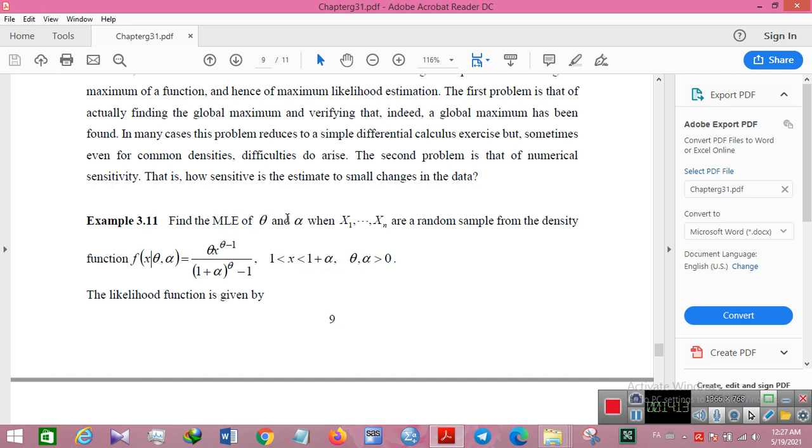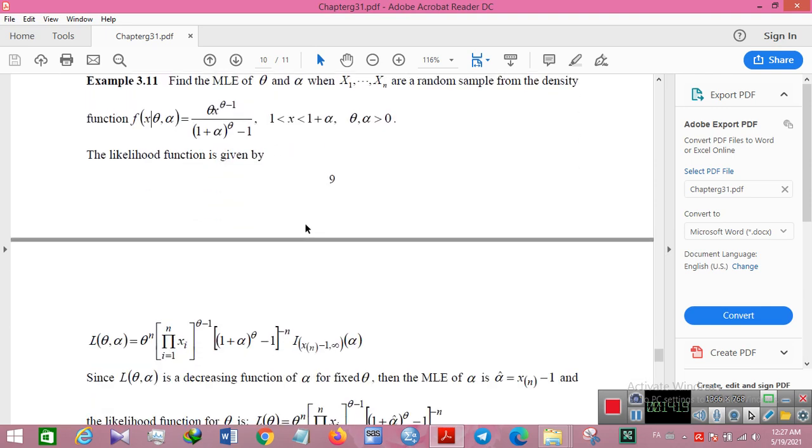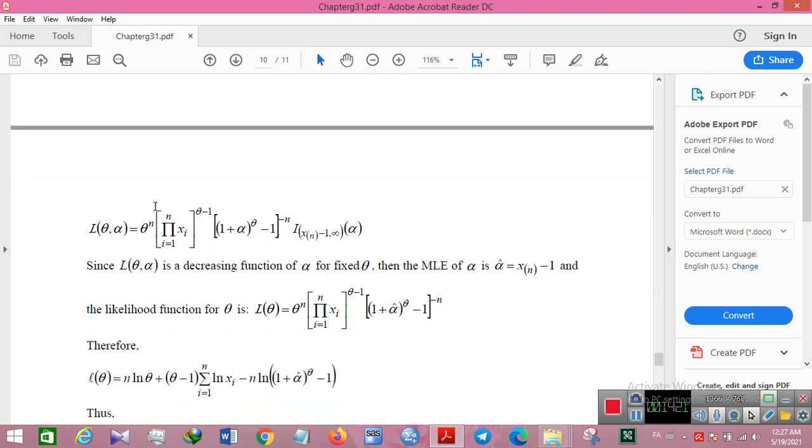We want to find the MLE of theta and alpha. The likelihood function is given by that one.